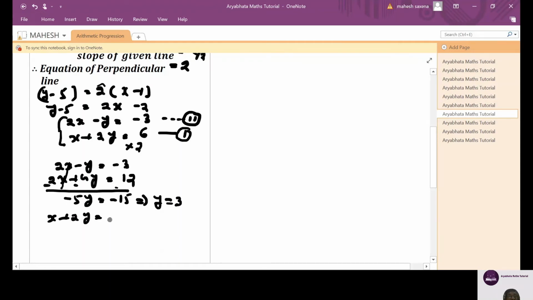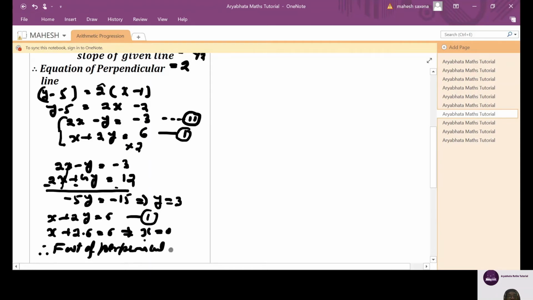That is x plus 2 into 3 is equal to 6, which implies that x is equal to 0. Therefore, the foot of perpendicular is 0, 3.